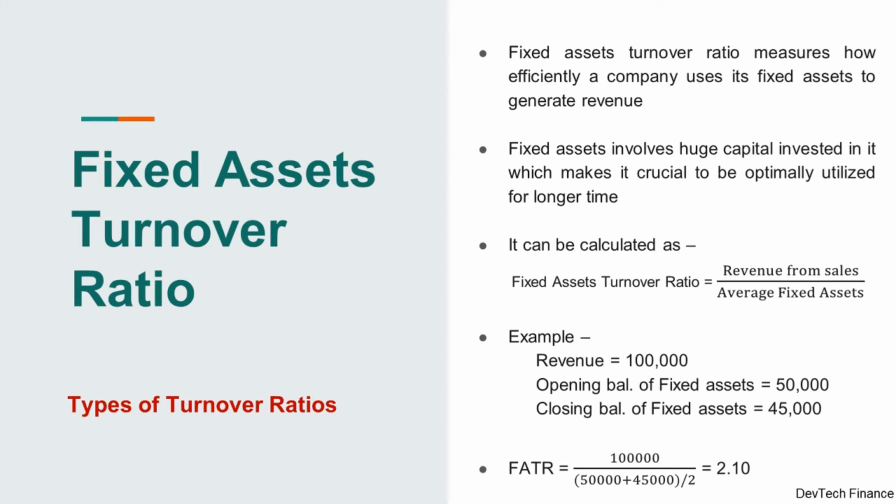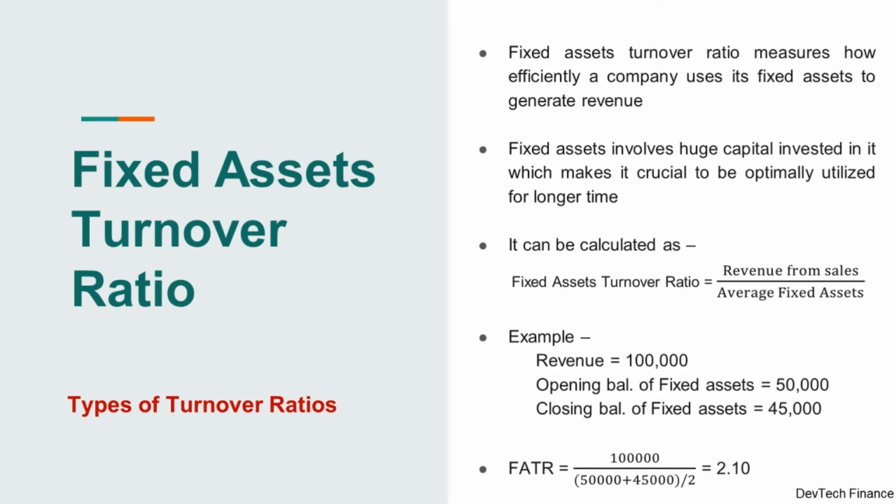Let's have a look at the fixed assets turnover ratio. The fixed assets turnover ratio measures how efficiently a company uses its fixed assets to generate revenue. Similarly, as we talked about the inventory and the debtors, we are having a look at all the asset categories. Now comes the fixed assets. So how is the business able to utilize its fixed assets? For example, there are machines and many other machinery being used.